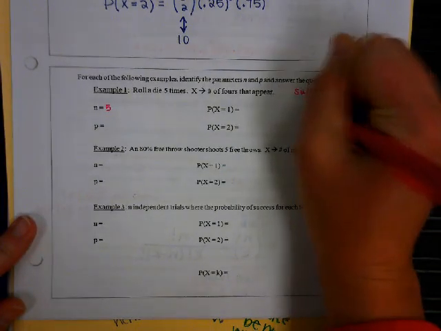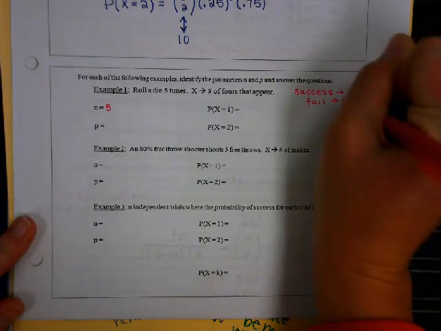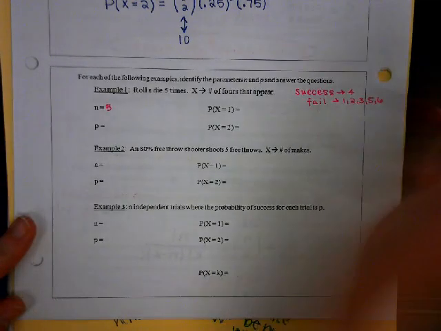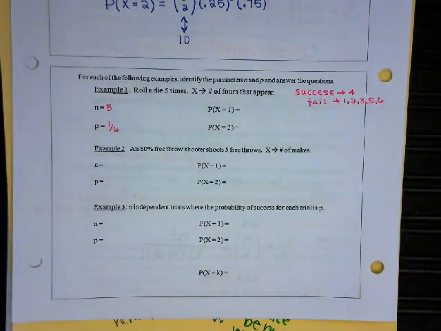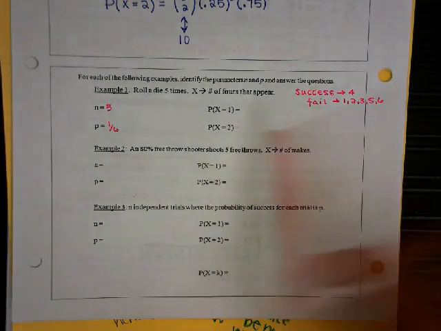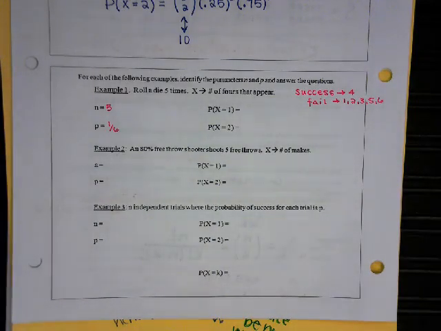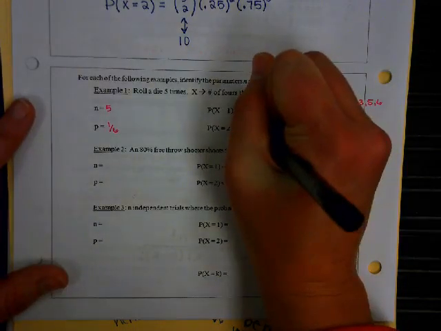So if I asked you to find the probability that X equals 1, we get one 4 out of 5 rolls. We would do our combinatoric. So 5 trials, we want 1 success. Then I'm going to multiply that by the probability of success raised to the number of successes, which is 1.